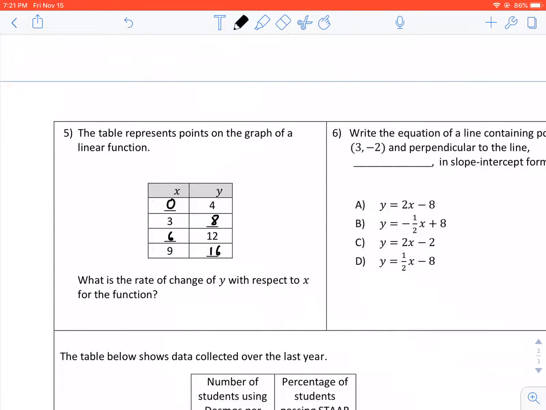So it says, the table represents the points on the graph of a linear function. What is the rate of change of y with respect to x for the function? A lot of you guys tend to freak out when you see rate of change of y with respect to x. Basically what that's asking you is, what is the slope of the function of y with respect to x?